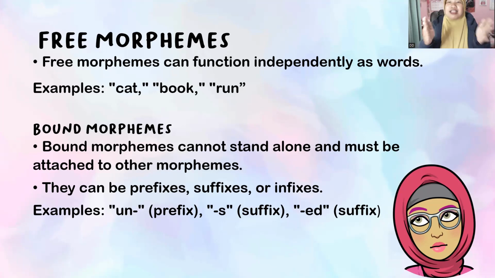If it is put alone as it is, we have to find out what the meaning is. We can find out the meaning by attaching it to another word. For example, "un" as a prefix, "-s" as a suffix, and "-ed" as a suffix. For example, unbelievable. Oh, therefore you can understand what is meant by "un" when it is attached to the word believable.